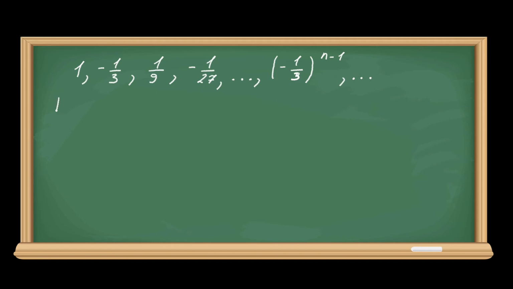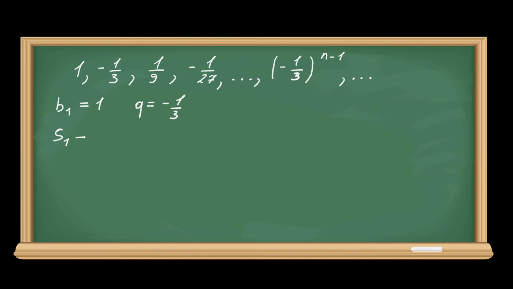By looking at the sequence, we can conclude that b1 equals 1, and the rate of change in this sequence is negative 1 over 3. By looking at the rate of change, we can conclude that this is an infinitely decreasing geometric sequence.